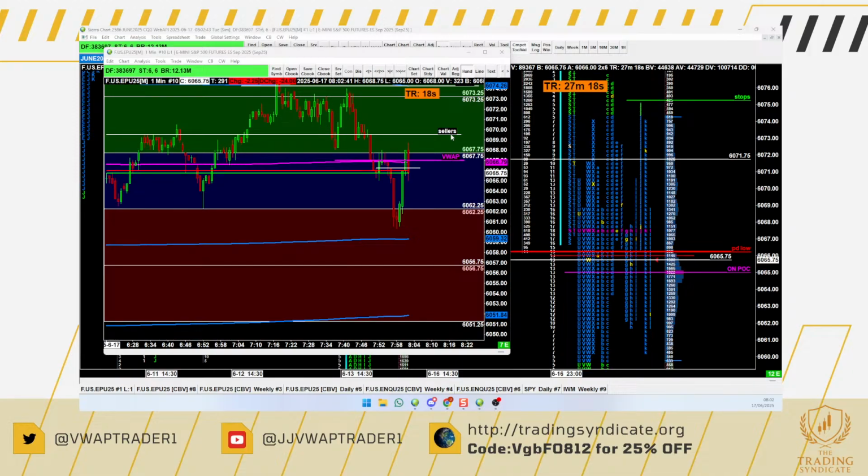We might just rotate between 62 and 67, just go back and forth between 60, 62 and 60, 67 kind of thing, if it's slow. Now let's see if we rotate back down under 65.